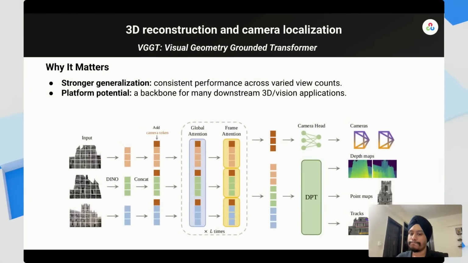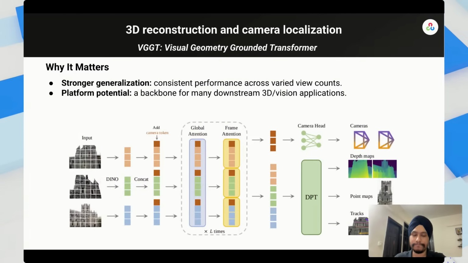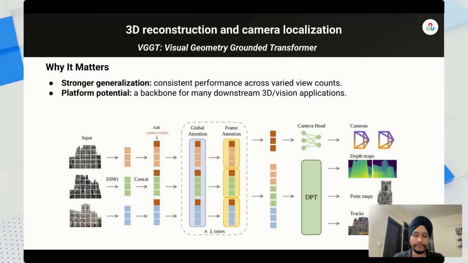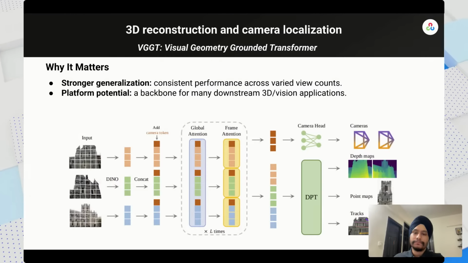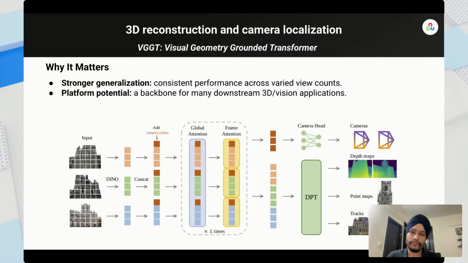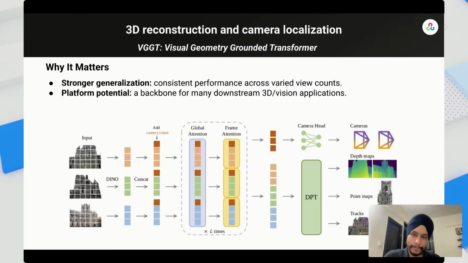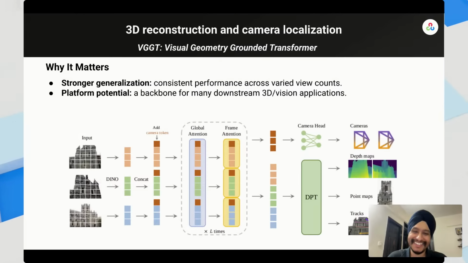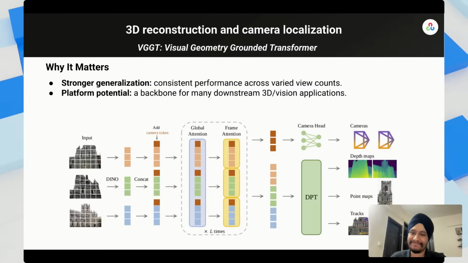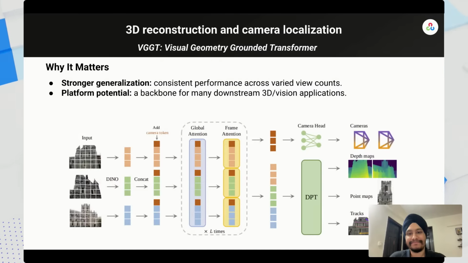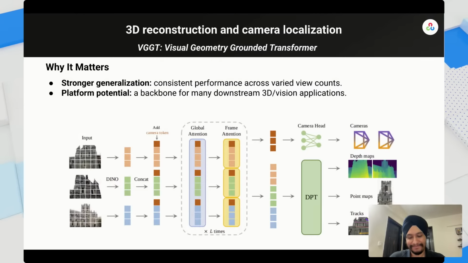One other interesting piece I just wanted to mention is VGG. This paper is a collaboration between the Visual Geometry Group and Meta, right? They have very cleverly used this, because VGG stands for Visual Geometry Group at Oxford, but here it is called Visual Geometry Grounded Transformer. So the VGG still is there.